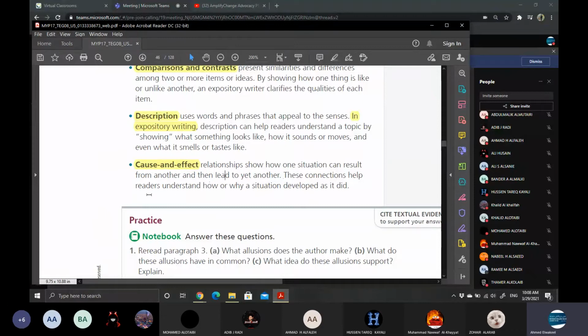These connections help readers understand how or why a situation developed as it did. Simply, when I say, for example, I want to be a doctor because I want to help sick people, you have a cause here, which is the need to help sick people. Consequently, the effect will be becoming a doctor.